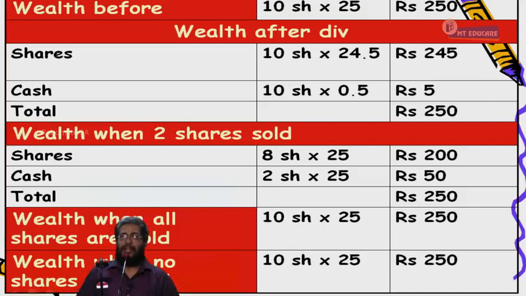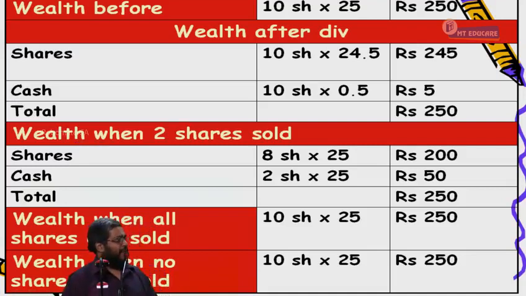So I don't want to elaborate this. The numbers are self-explanatory. Everybody yes or no? Everywhere the money is only how much? 250. It will not have any impact on shareholders' wealth as seen above.